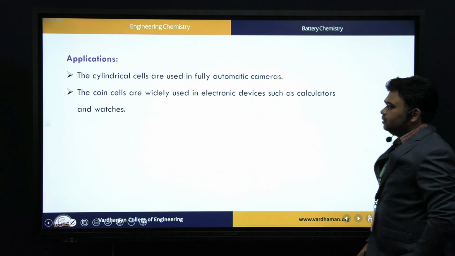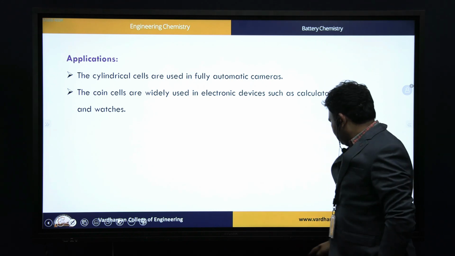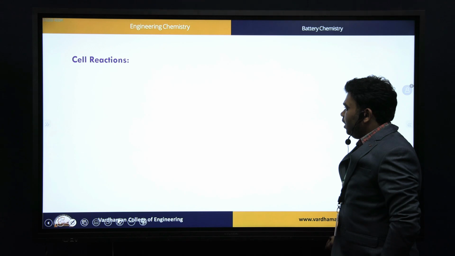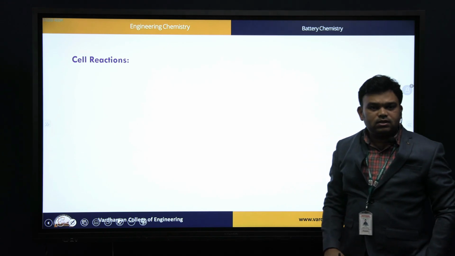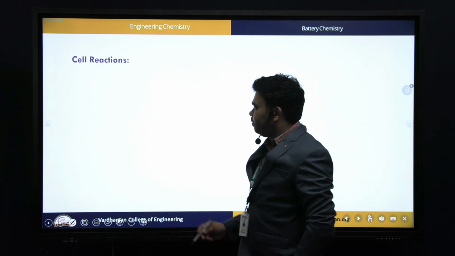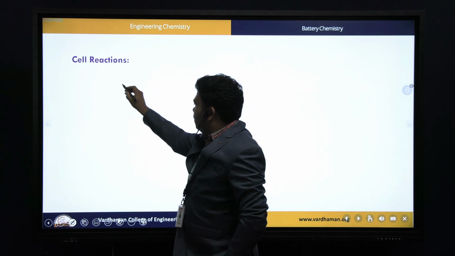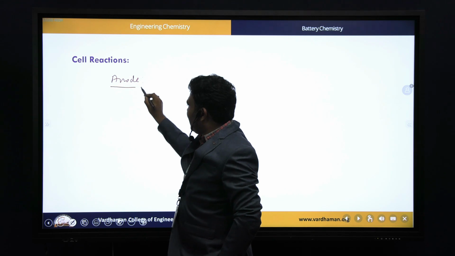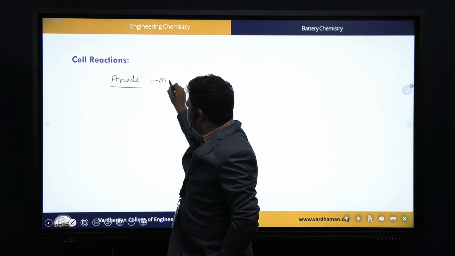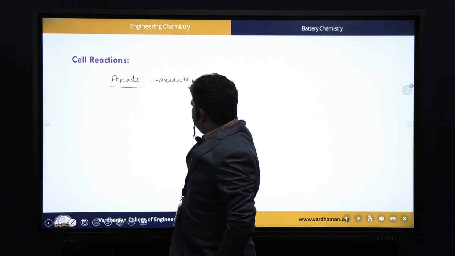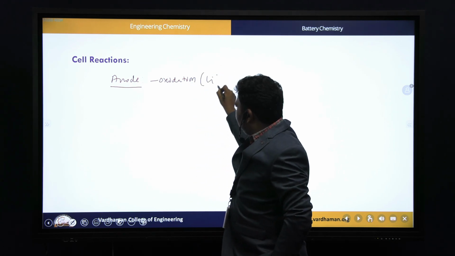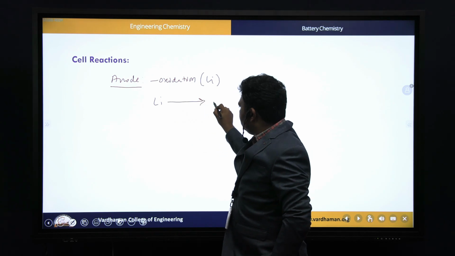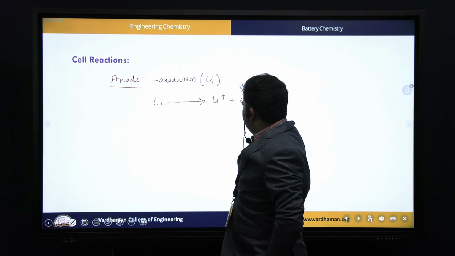Next, the cell reactions, that is, the working of this particular lithium battery. First, the reaction which generally takes place at the anode is oxidation, and here the anode is lithium. The reaction is lithium gives rise to Li+ plus electron.